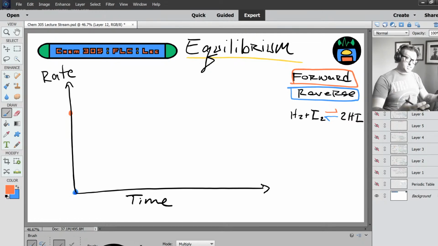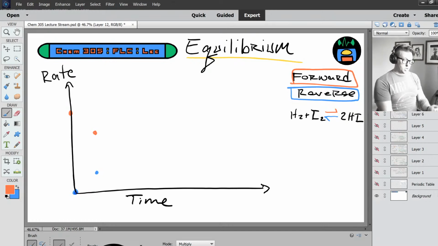As this reaction starts, H2 and I2 start to be consumed, so their concentration drops and their reaction rate drops. In addition, the concentration of HI builds up as the reaction starts, so the rate of the reverse reaction has a little increase.